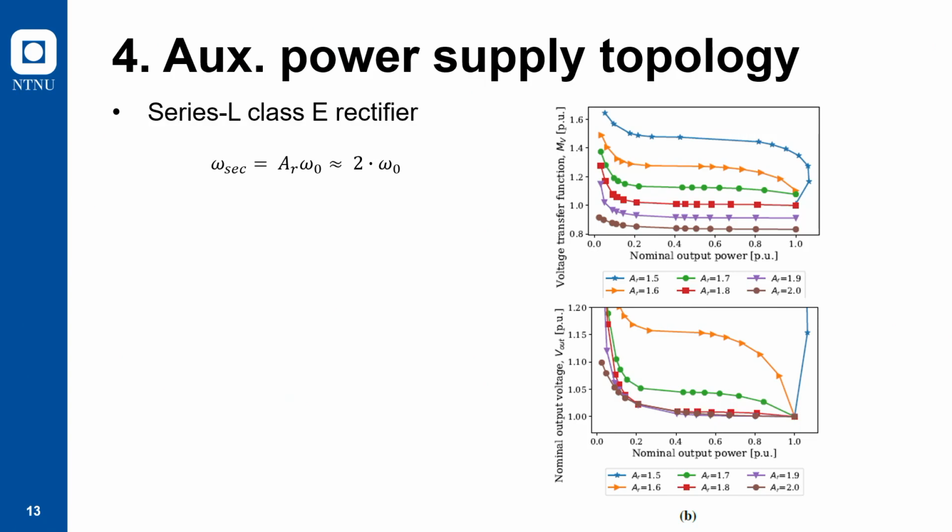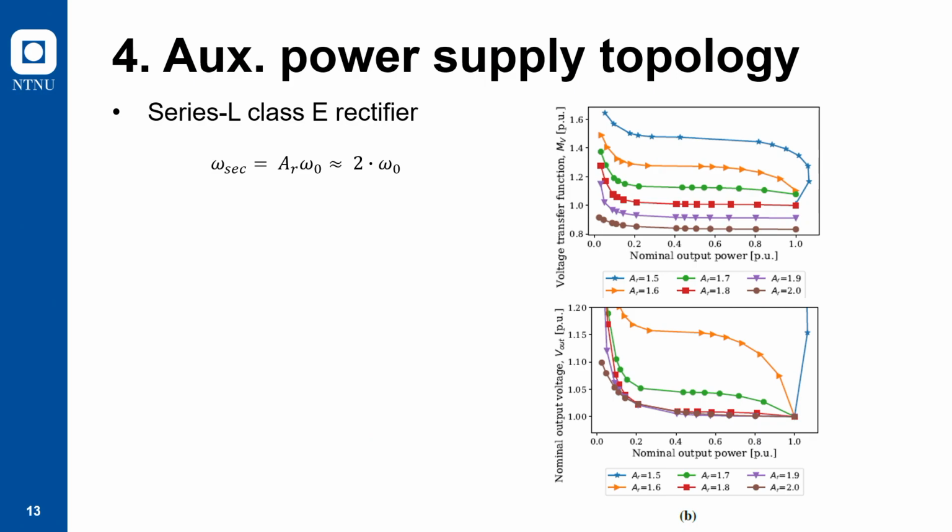And then we have the voltage transfer function. So higher would be better. So as we go from 1.5 up to 2, we'll lose some of the transfer function, which loses some efficiency. But what we also see is that if we look at the output voltage of the rectifier, it becomes very flat.